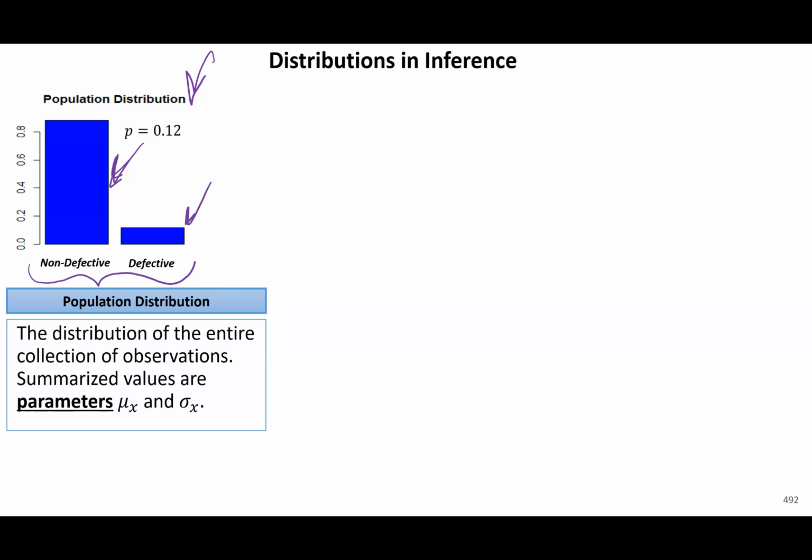In this particular case, they calculated the proportion of all cups that were defective was 0.12. So this is that population distribution. If I had all the observations that could be observed, I have a certain number of successes and a certain number of failures. And so they have these parameters, they have a mean and a standard deviation.